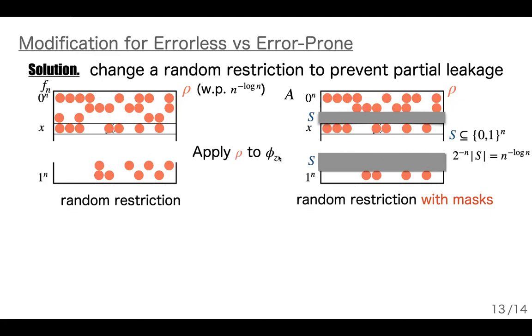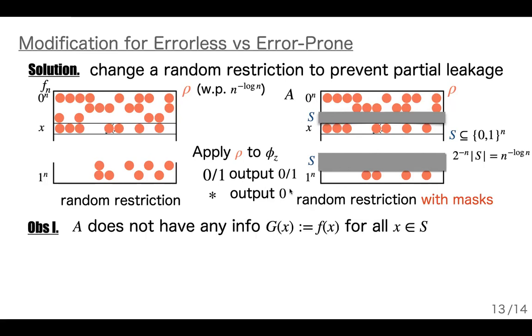For a given DNF which represents the NP computation, this A applies this random restriction to the DNF. And if the answer is determined, then A outputs the same answer. But otherwise, this A outputs 0. Then this A does not have any information of G(x), especially for all inputs contained in this random subset. So even with access to this oracle A, any adversary cannot distinguish the value of G(x) from random values.